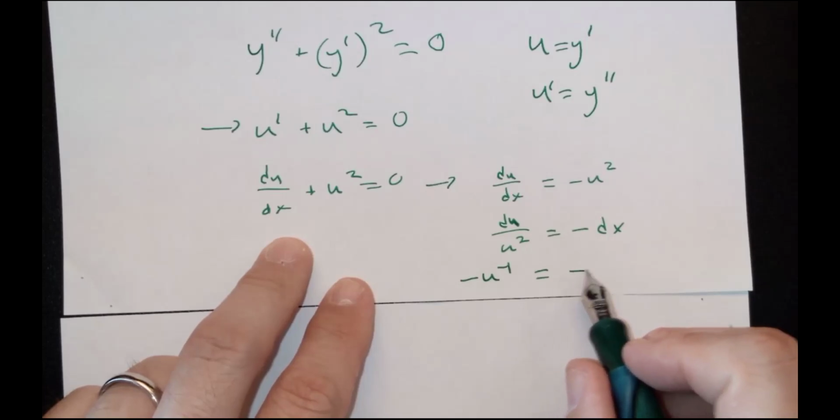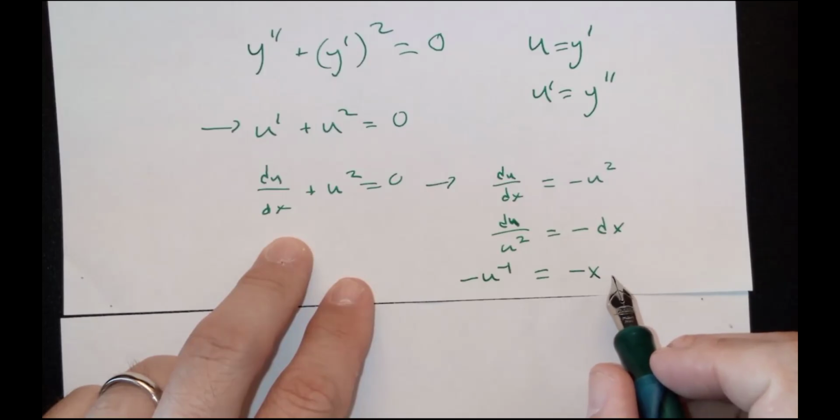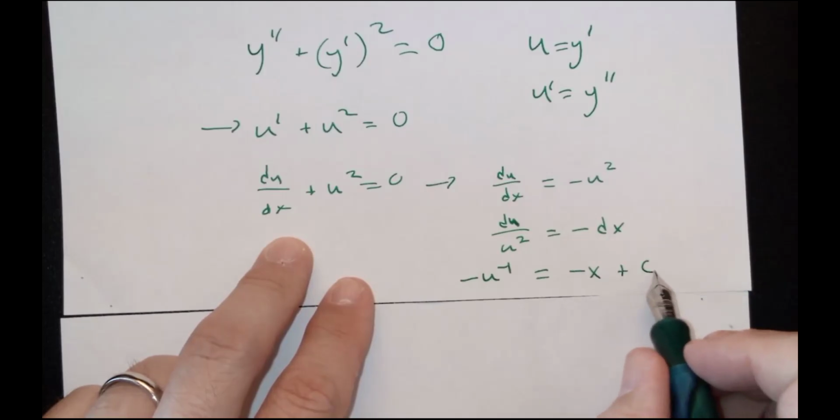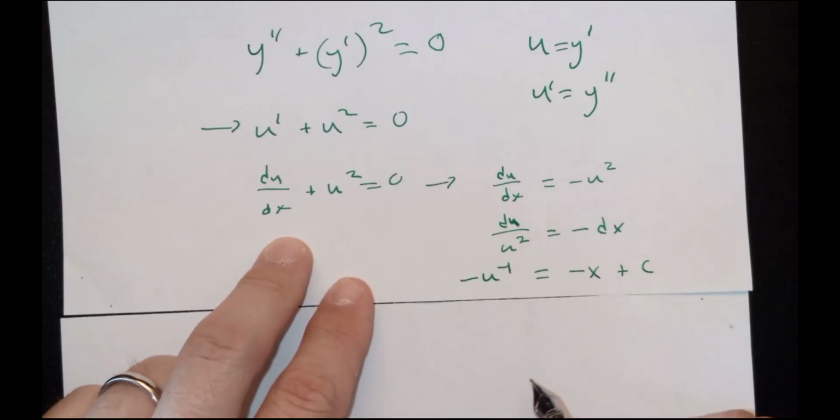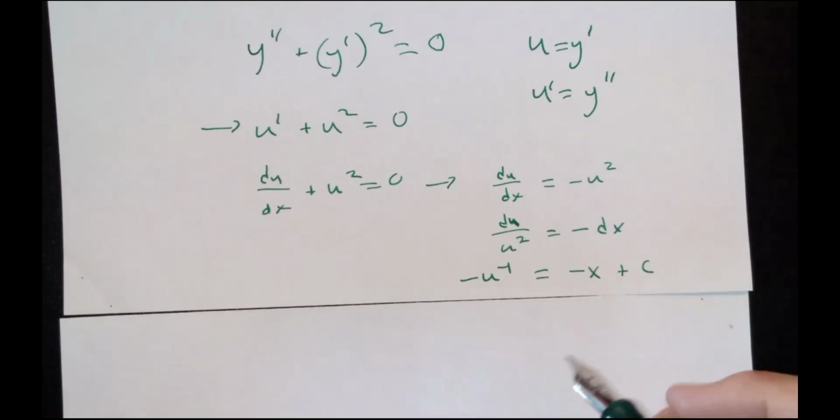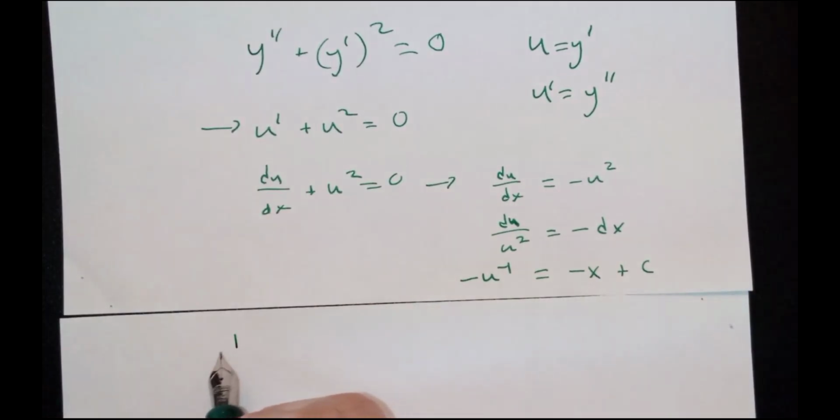Equals dx. Let's see. Hey, wait a minute. You know, there's a minus on both sides. I could cancel it out. Well, that makes 1 over u equal to x. Technically, it would be minus c, right? But a constant's a constant, no matter what sign it is. So what's u?